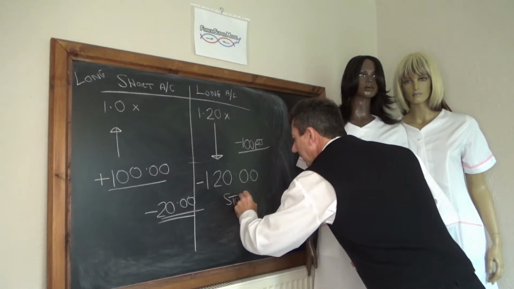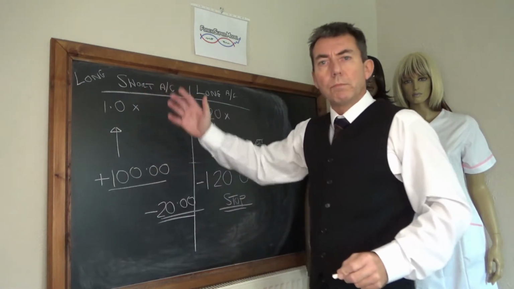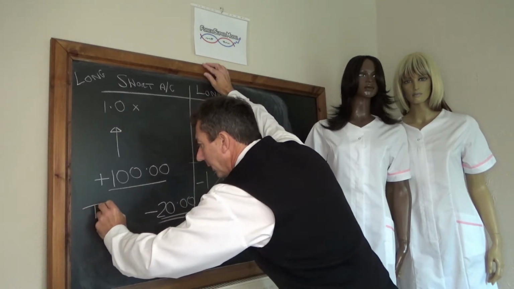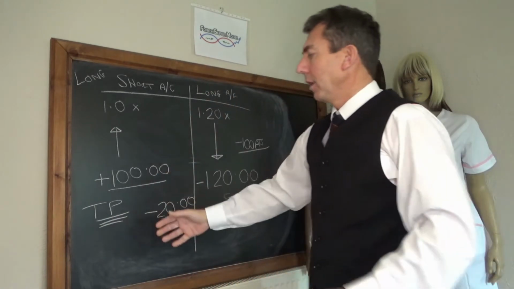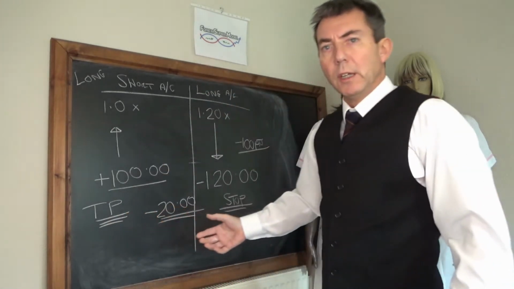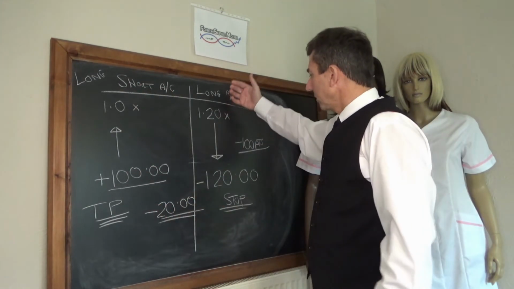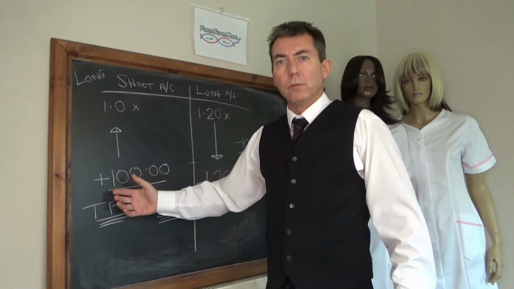Now, instead of a stop on this side, you'd have a 100-point profit take. So a TP, take profit, on this side. You wouldn't have a stop, you'd have a take profit, because that's what's going to happen to this account. If this account starts going down 100 points, you're up 100 on this account.